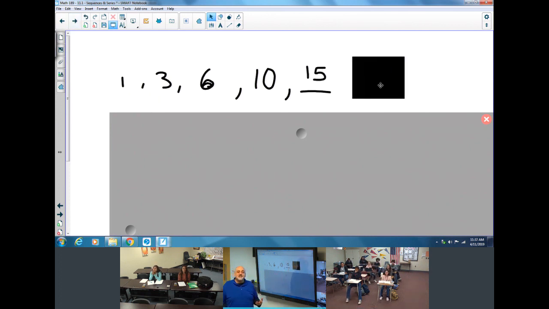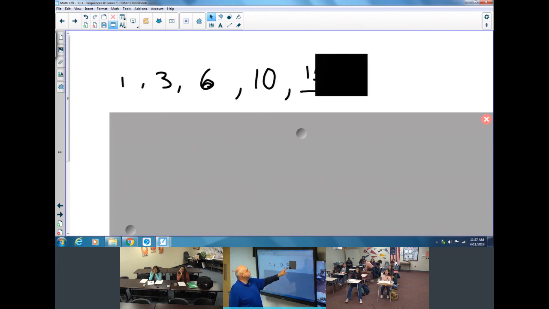Sometimes there's more than one way to do a pattern, and you might have thought of something else. If you can demonstrate that your pattern works, then it has to be a right answer. But 15 is the answer most students give, because the differences are 2, 3, 4, 5.